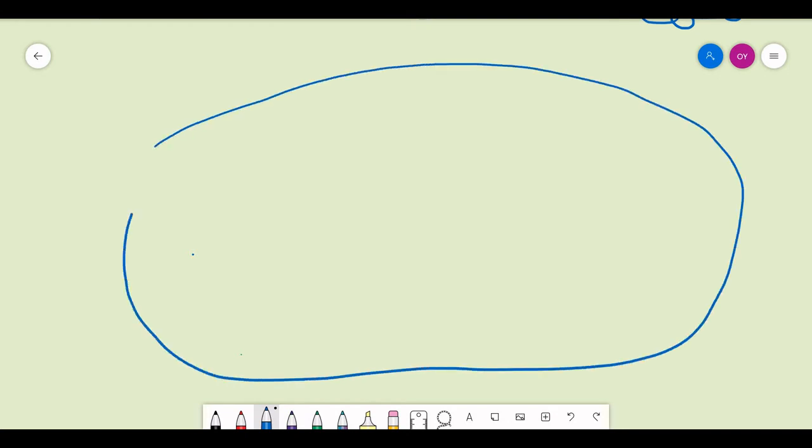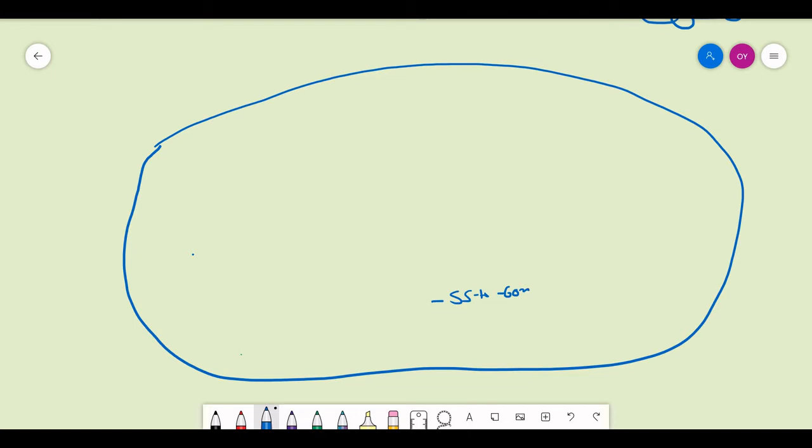If this is an SA node cell, the resting membrane potential after the action potential is over is not around minus 90 millivolt like other cells. Here it is around minus 55 to minus 60 millivolt.